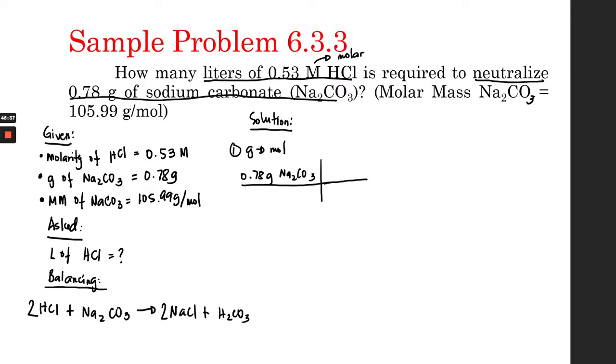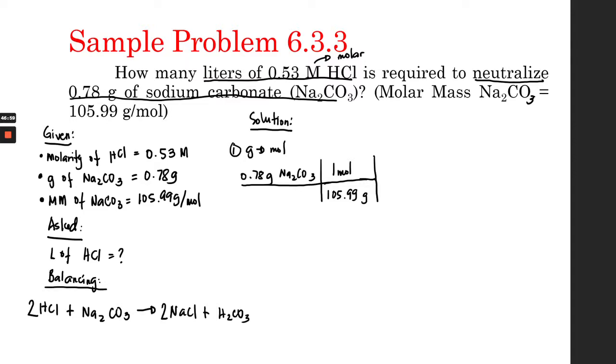And we know that the molar mass of Na2CO3 is 105.99 grams per mole. So we'll put 105.99 grams here, and this is 1 mole. Okay, so that is done.